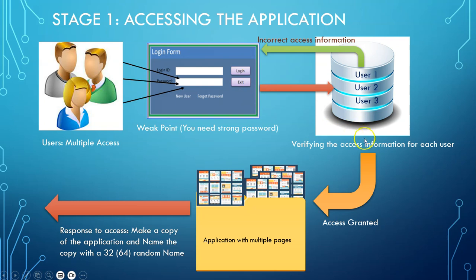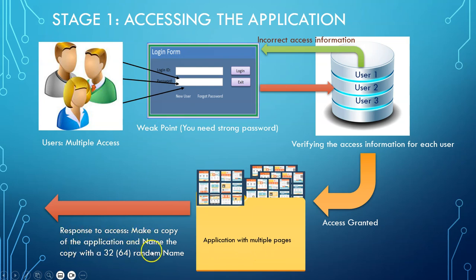Now, if the users could access the application using their login IDs and passwords, in this case the users will access your application, and the application will make a copy for every user.